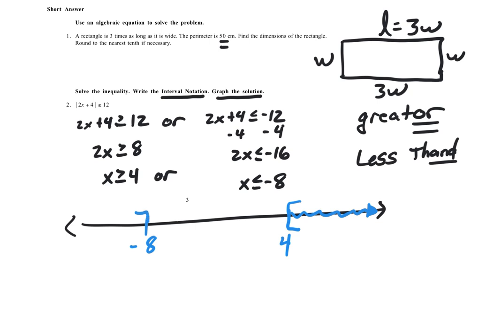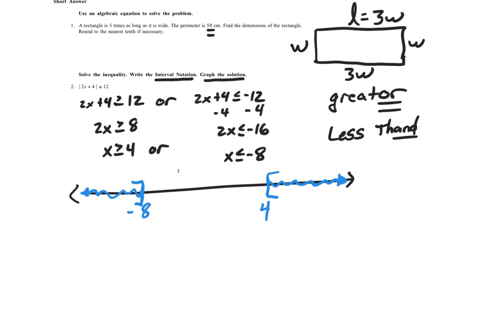Less than or equal to negative 8 would be a bracket, and it should be shaded left. And what we have to remember here is ors typically go opposite, so that makes sense, right? It's going opposite, or away from one another.